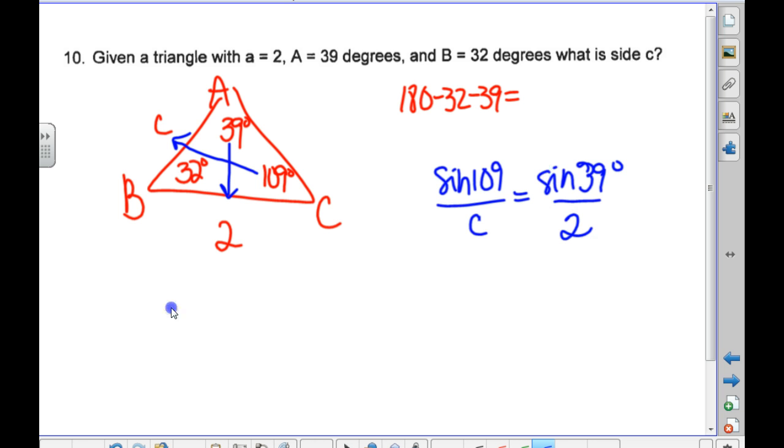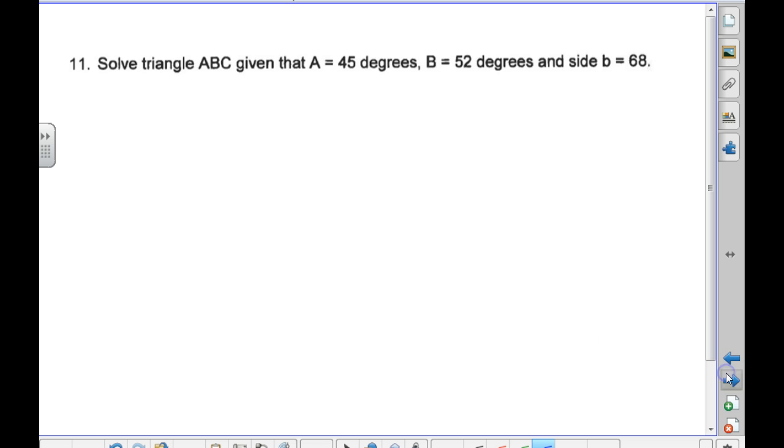If I cross multiply and divide, so I type 2 times the sine of 109, close my parentheses, divided by the sine of 39, and I got C equals 3 units, whatever that is. It's the length of side C. All right, so make sure you can find missing sides and angles by law of sines and law of cosines.